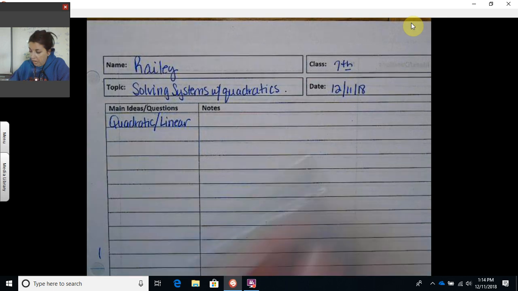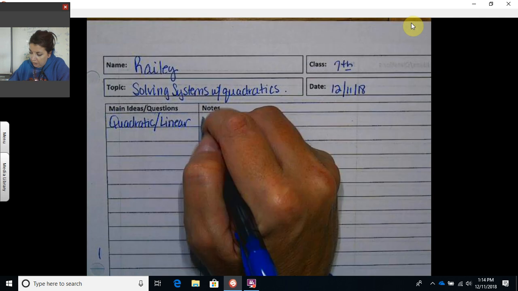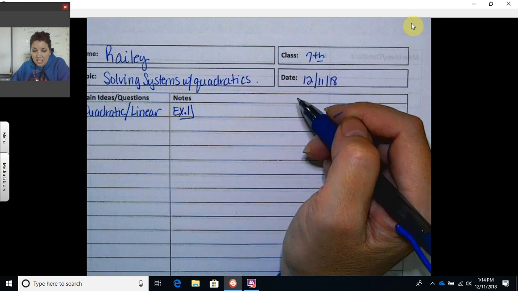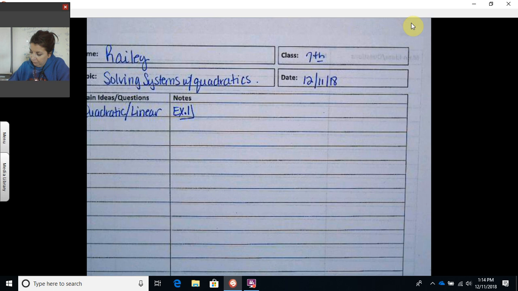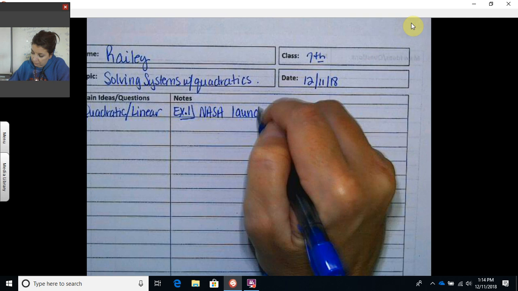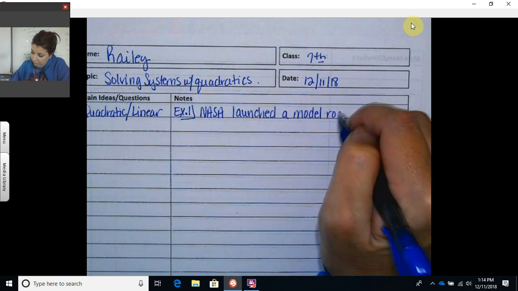All right, this first one is a word problem. Everybody loves word problems. All right, NASA launched a model rocket from the grounds of Cape Canaveral.